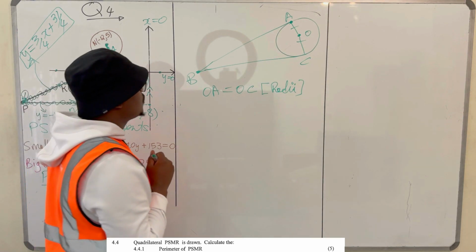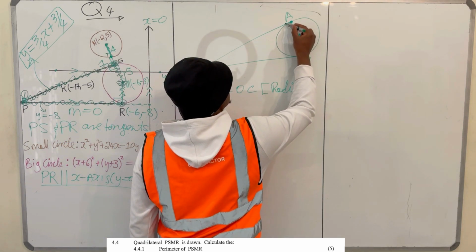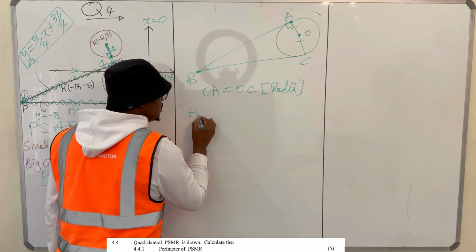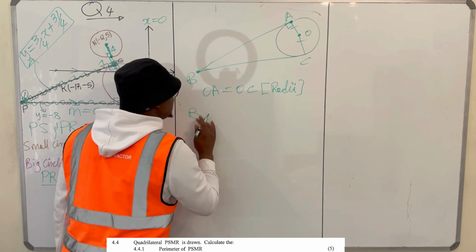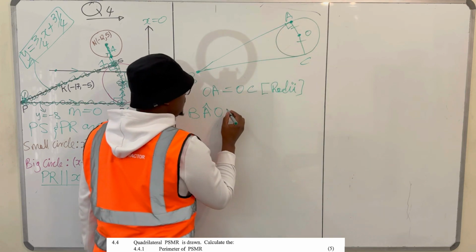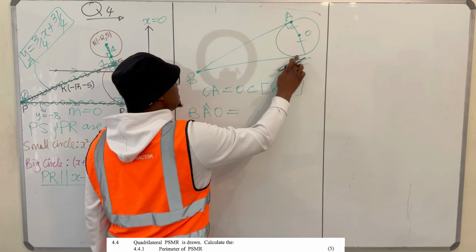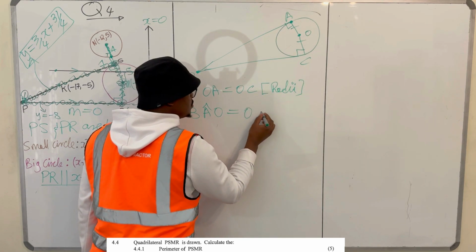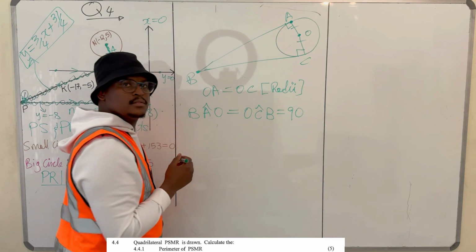No problem. What else do we know? You know that this angle here, OAB, is equal to this angle here, OCB, which is equal to what? 90 degrees.